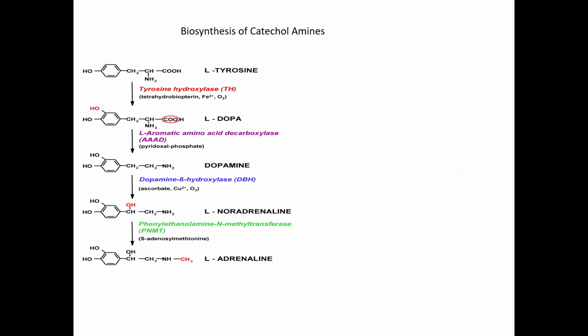What's the reaction going on? Yeah, hydroxylation. From tyrosine with the amine in the middle. Then what does L-aromatic amino acid decarboxylase do? Decarboxylation. What I'm trying to explain to you is that if you remember this stuff, it's not that hard.